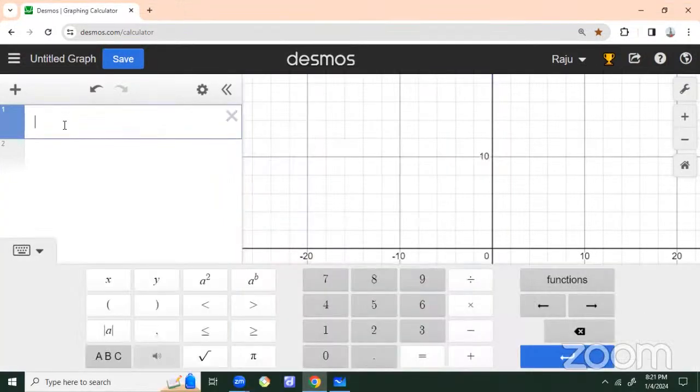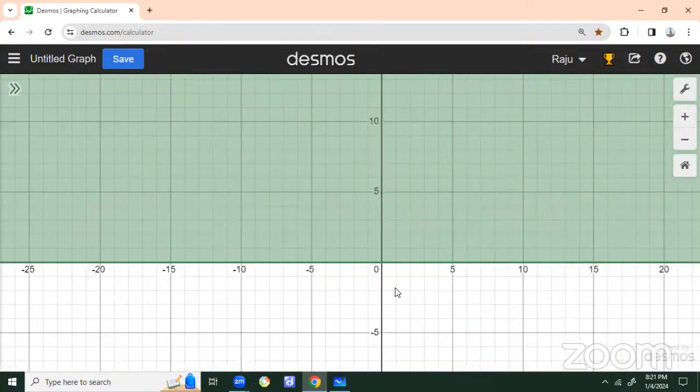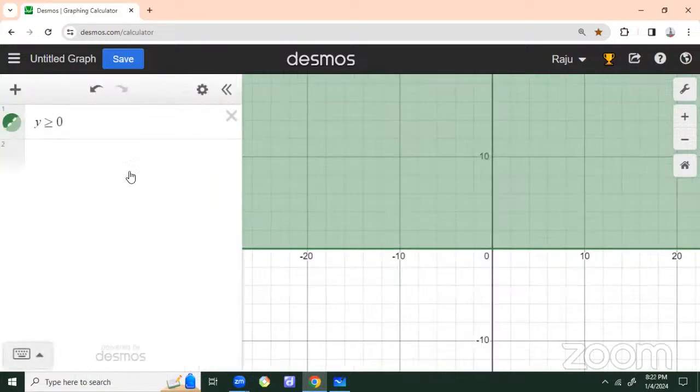The solution will be, as Dhakal said, you can see here, the solution is in the first and second quadrant, right, Mr. Dhakal? Did you say that? Yes, sir.